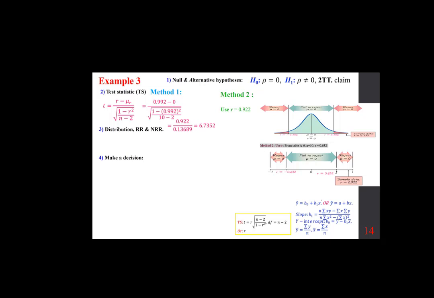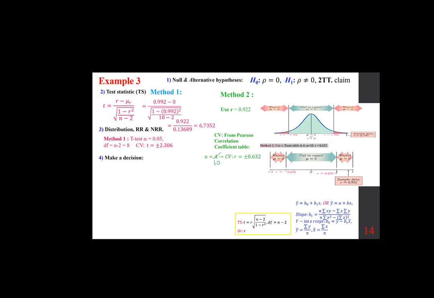R stands for rejection region, N for no rejection region. Alpha is 0.05, degrees of freedom is n minus 2, which is 10 minus 2 or 8, and we come up with critical values of plus minus 2.306. And from a Pearson correlation coefficient table, alpha of 0.05, n equals 10, we come up with plus minus 0.632.